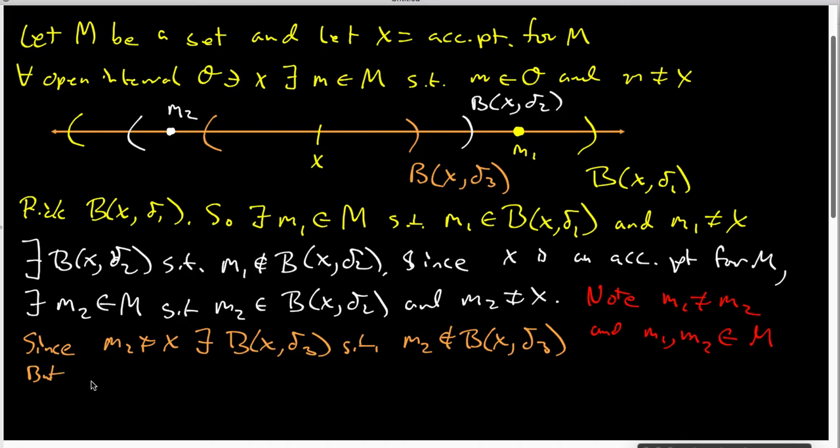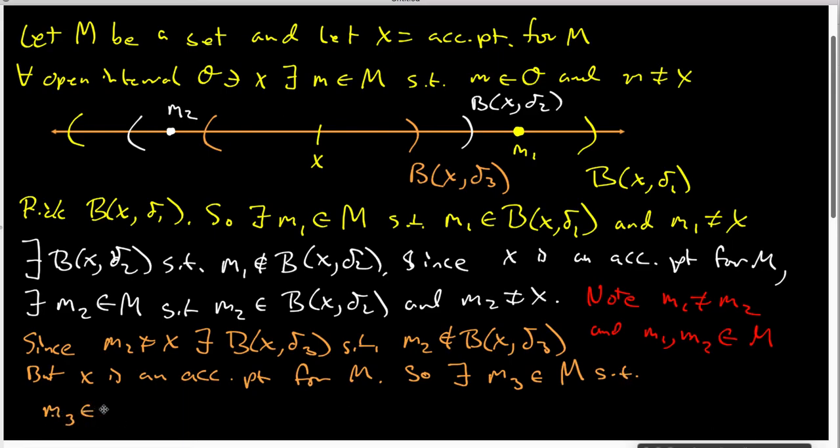But X is an accumulation point for set M. So there exists an M3 inside set M such that M3 is inside this new delta ball, and M3 is not equal to X. So M3 is somewhere in here. Maybe M3 is right there.